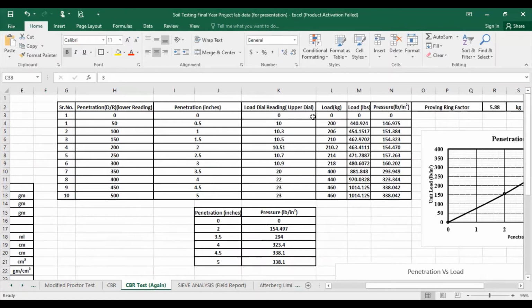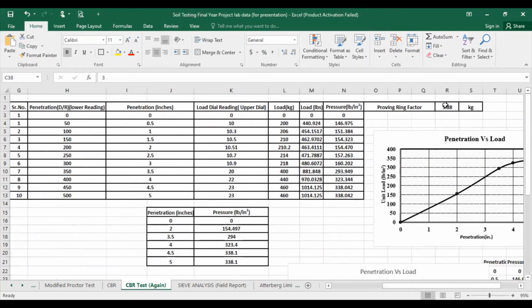Then load dial reading, upper dial 0, 10, 10.3, 10.5, 10.51, 10.7, 10.9, 20, 22, 23, 23. Then we have load in kg, and we have taken a reading from the apparatus. This load is in kg, which has a proving ring factor of 5.88 kg.